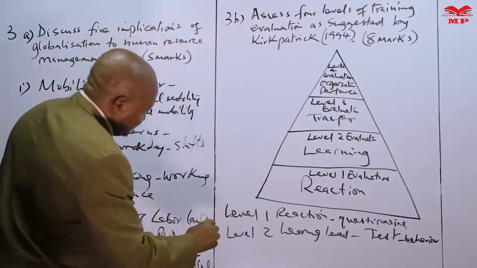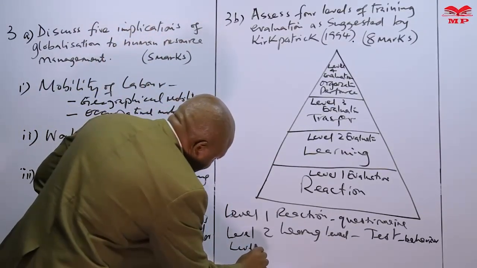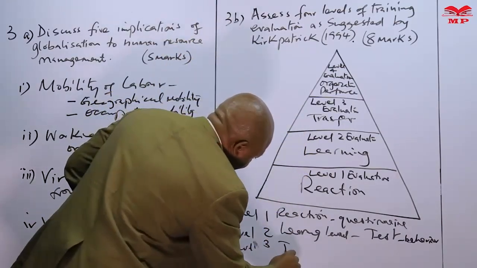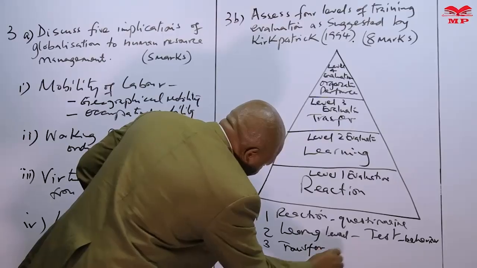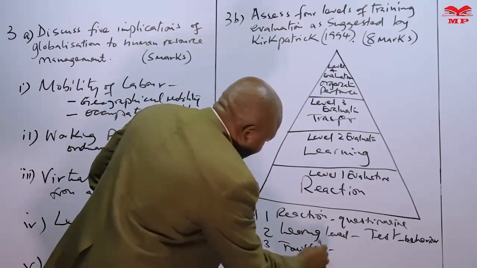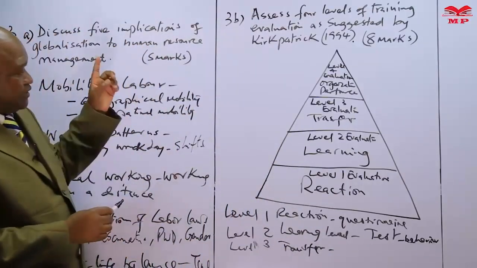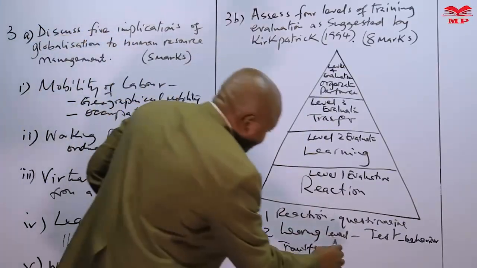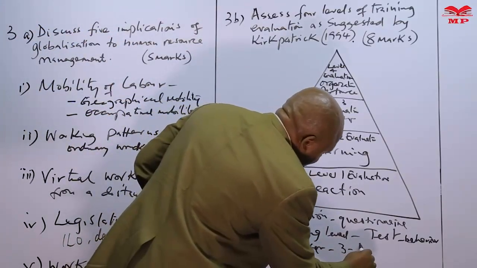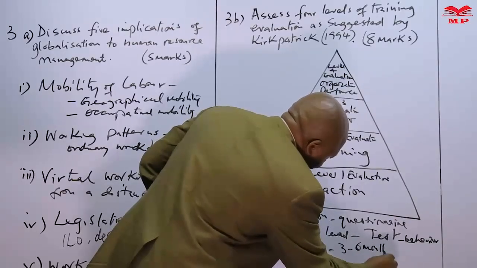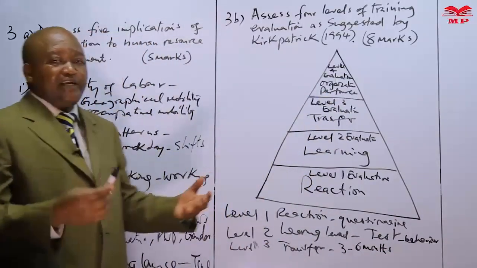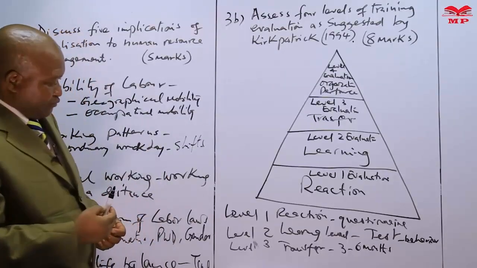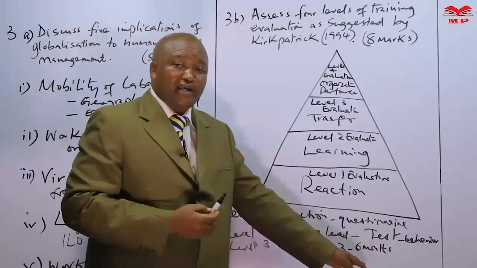Level 3 evaluation, which is transfer. Kirkpatrick suggested that this level 3 could be done to an employee 3 to 6 months after the trainee has completed the training program, and this could be done in the work environment.